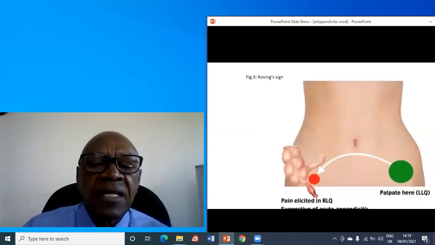Rovsing's sign is illustrated: you put pressure on the opposite side, the left iliac fossa, and you feel pain in the right iliac fossa.